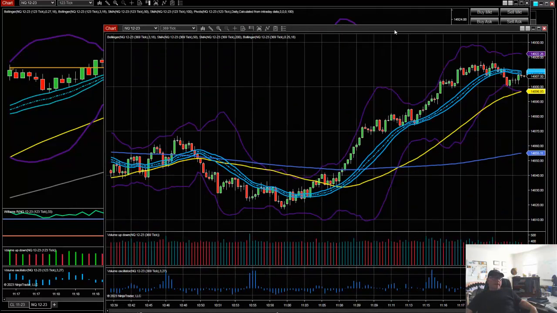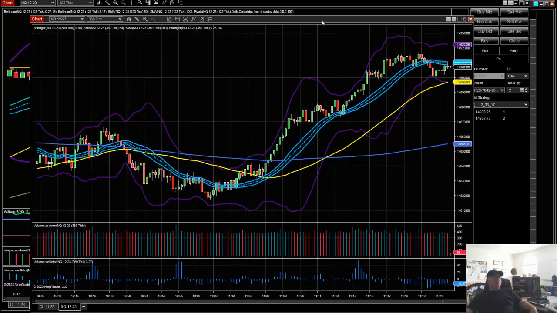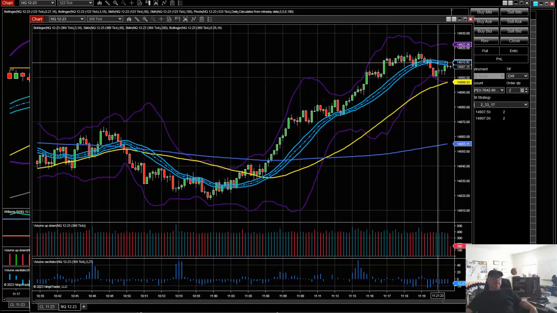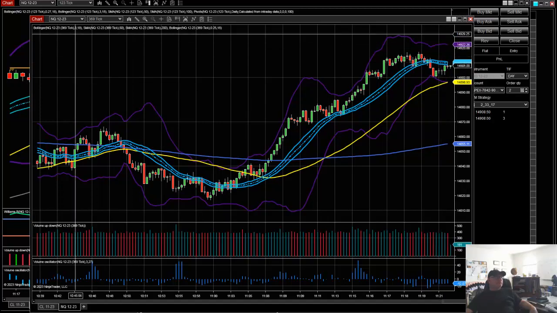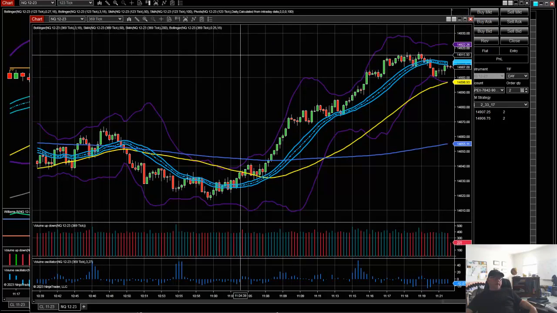Another chart that I look at is this one. I forget what I got set on. This is 369 tick. And this other one's 123. It's all based on my 369 concept.